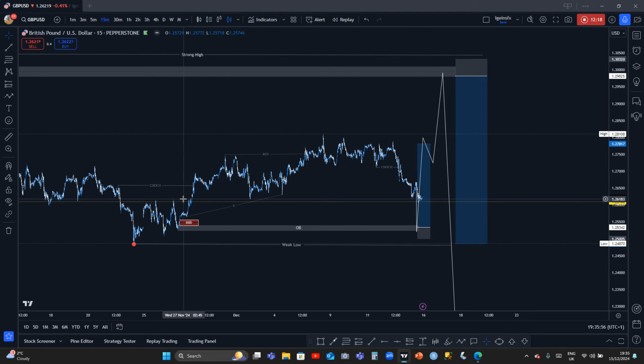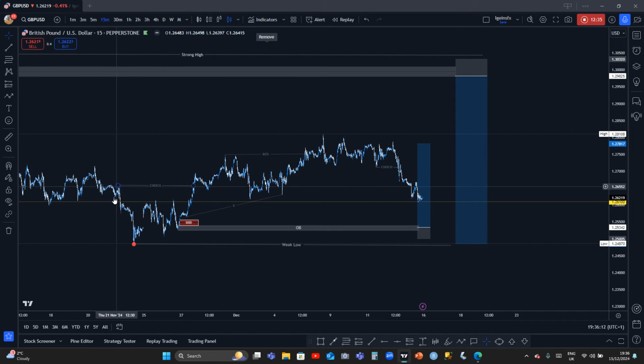But that does not mean that we cannot still buy anytime an opportunity opens for us, because this very point here is a point where price action experienced a change of character that is dishing out this bullish internal run.